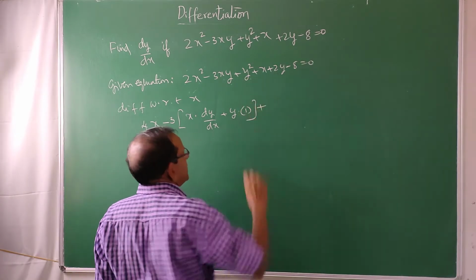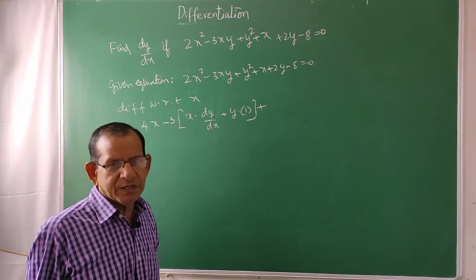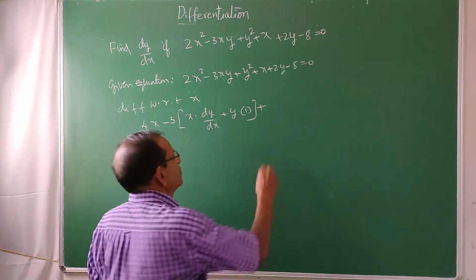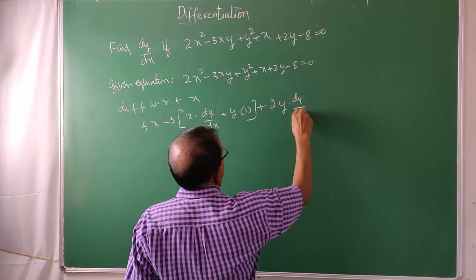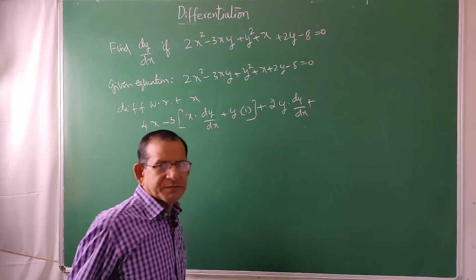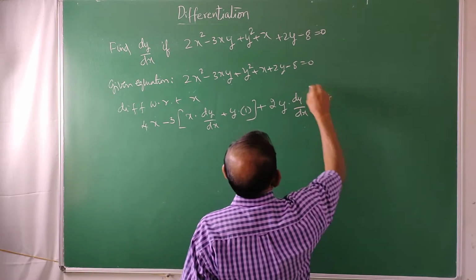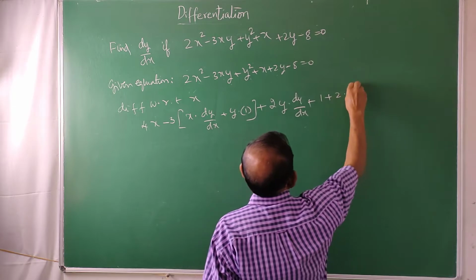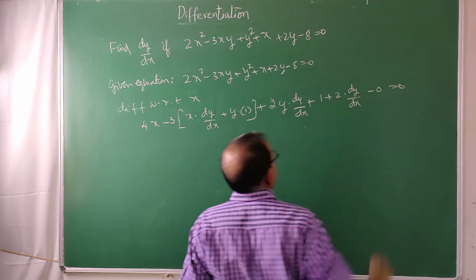Plus y square derivative: y power is there, first with respect to power, 2 into y power 2 minus 1, that is 2y into dy by dx, because we are differentiating with respect to x. Plus x derivative is 1, plus 2 into derivative of y is dy by dx, 8 derivative is 0, equal to 0.